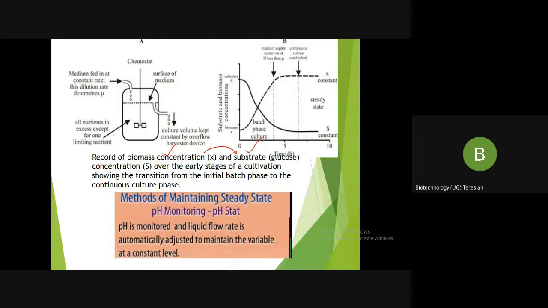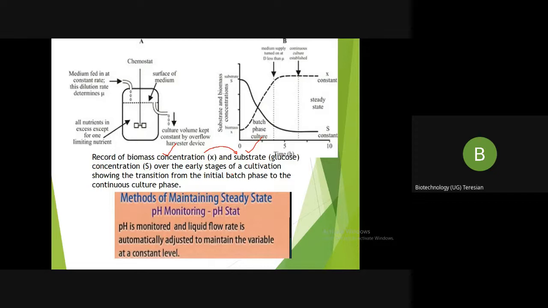You are limiting one of your nutrients. And this is the graph which shows that from batch phase it is moving to the continuous culture phase. What is important is the biomass concentration and the substrate. The very important parameters are the temperature and the pH.